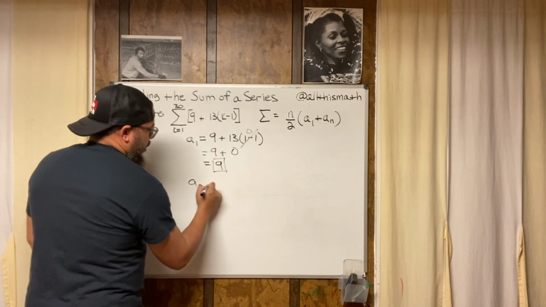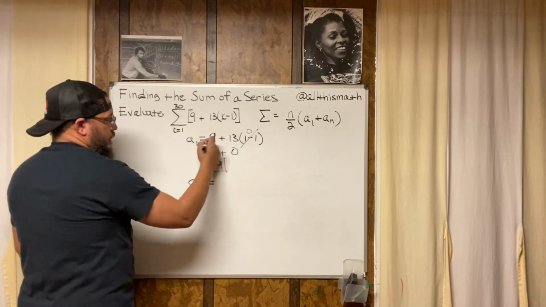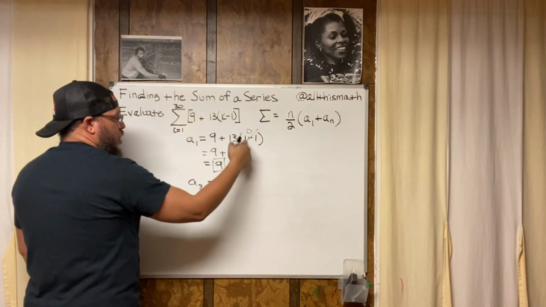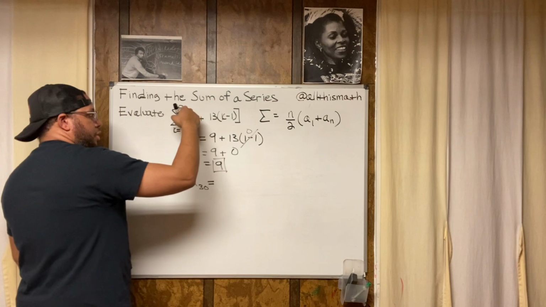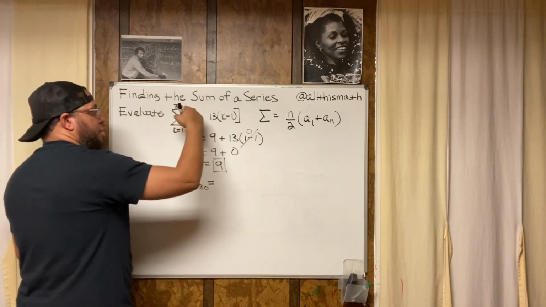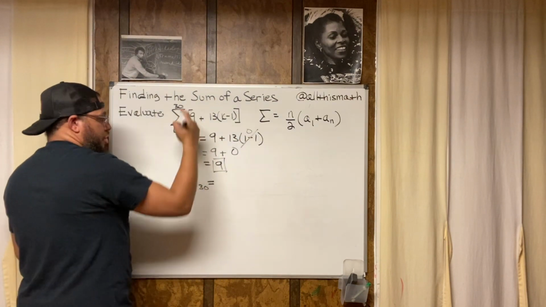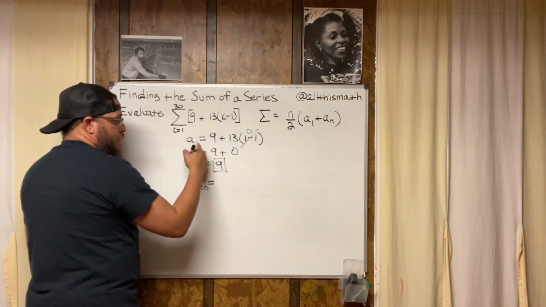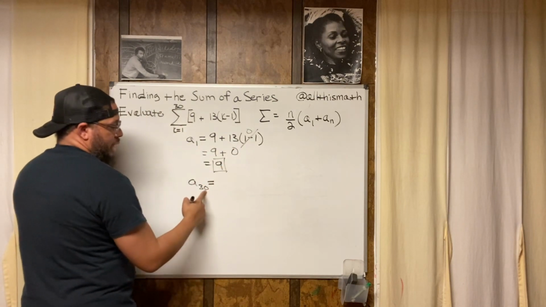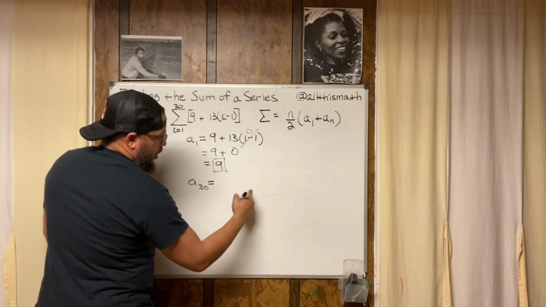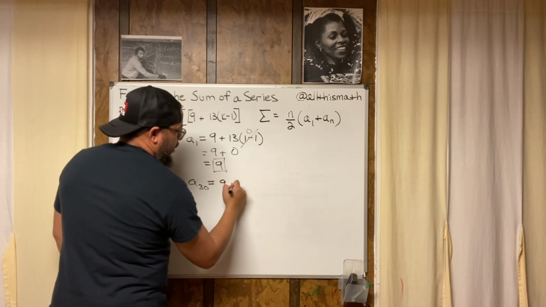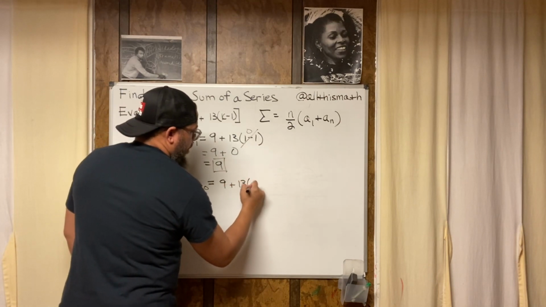A sub 30 is equal to, again, I'm doing the same thing, except instead of a 1, it's going to be a 30, because I've got a 30 right there. Say I had a 1 right here, I've got a 1 right there. I've got a 30 right here, I'm going to have a 30 somewhere around here. See, math is all about patterns. Once you get the pattern, then you're going to be cool.